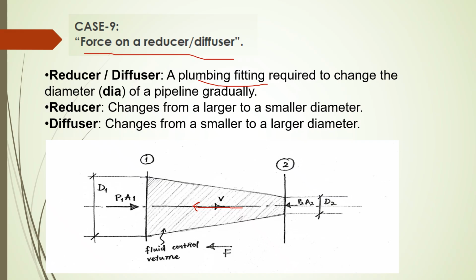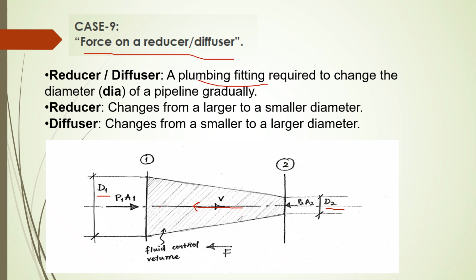So we have a certain force applied as the pressure multiplied by area on cross section 1, and we can define the force as P2 into A2 applied by the liquid on section 2. We have diameter D1 at cross section 1 and diameter D2 at cross section 2.